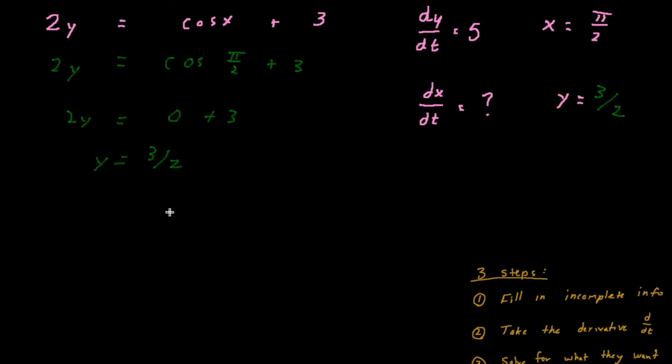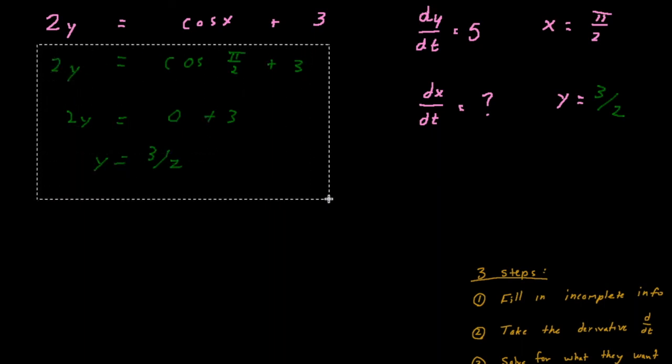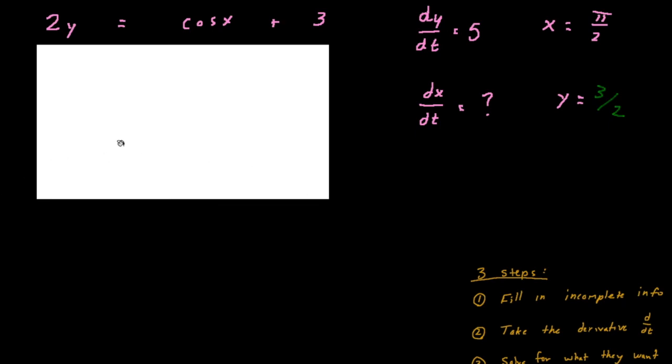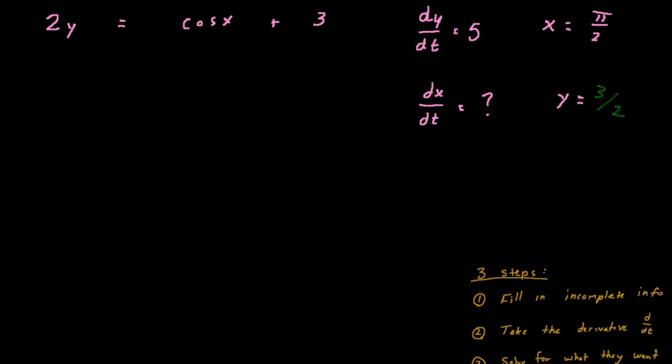The next step will be take the derivative d over dt. And at this point, we don't really need this part anymore. We just use that to get what y was, but we could erase this if we wanted. Now we'll take the derivative in our second step, d over dt. We'll take the derivative of each part with respect to time.